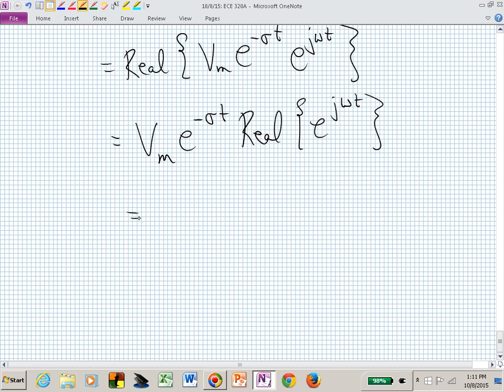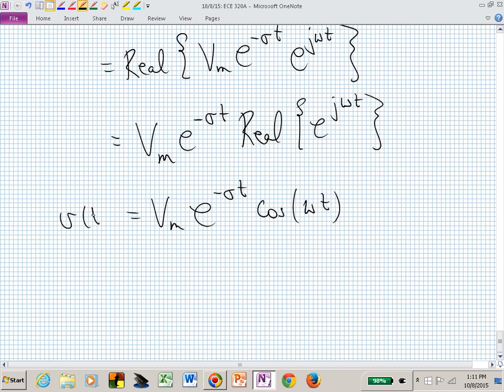And Euler tells us what's in that second half of that right-hand side. That's just the cosine, isn't it? Because it's cosine omega t plus j sine omega t, and we're just keeping the real piece of that. We now end up with v sub m e to the minus sigma t cosine omega t.